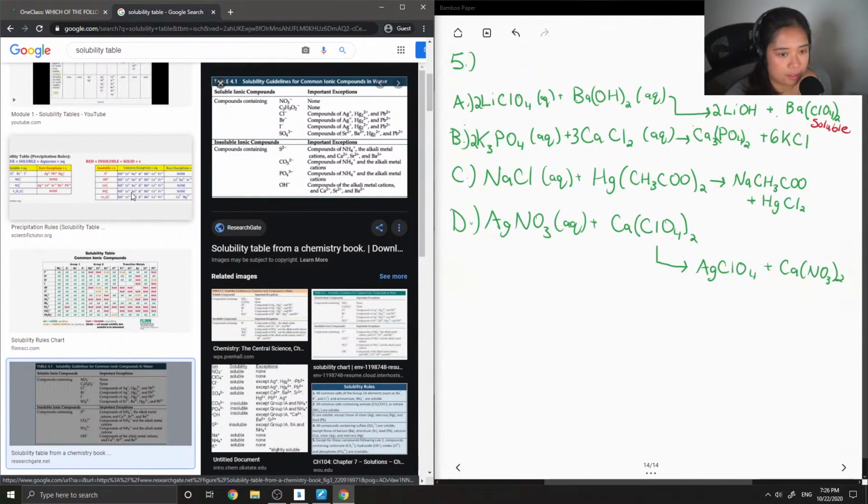And then let's look at the second one. We have a phosphate, which is typically insoluble, except when it is with an NH4 and an alkali metal cation. So in this case, it'll form a precipitate.